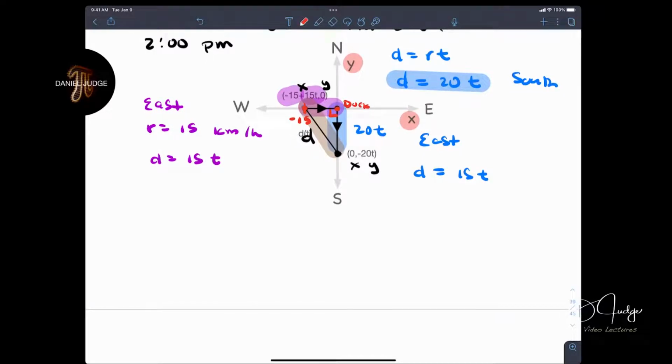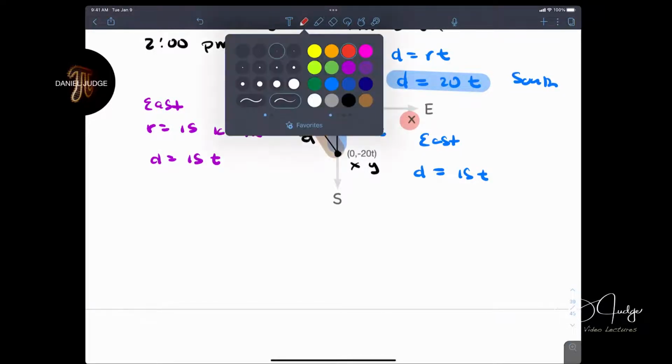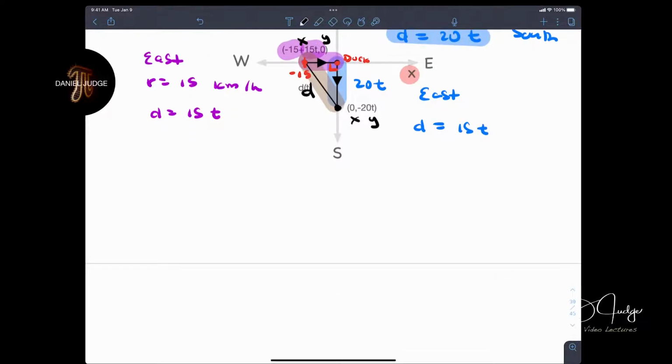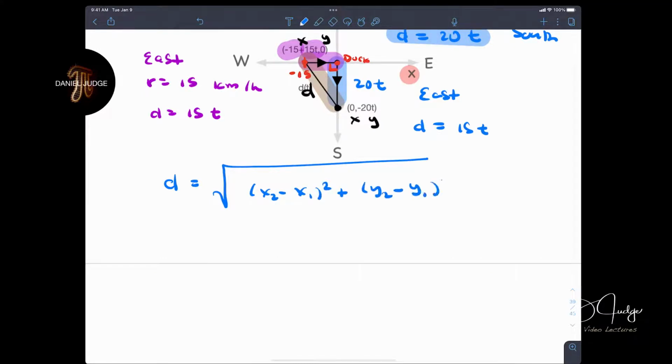There seems to be a couple of ways we can do this. We can use the distance formula again, or we can use the Pythagorean theorem. With the distance formula, we're going to get the square root of, now remember, first point, second point, right? Remember, this is the distance formula: x2 minus x1 squared plus y2 minus y1 squared.